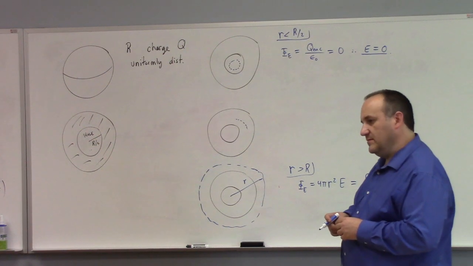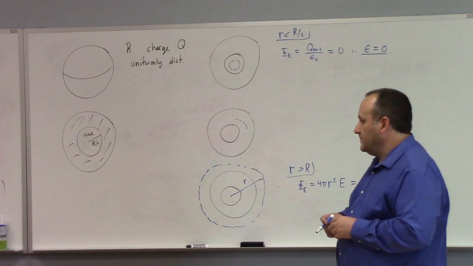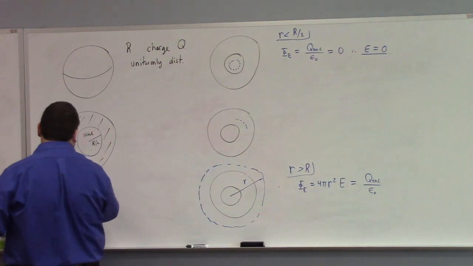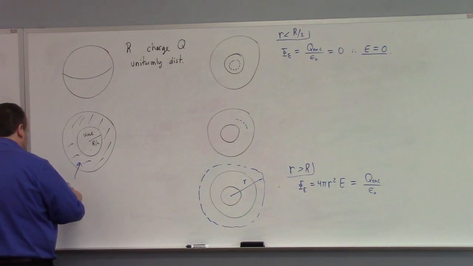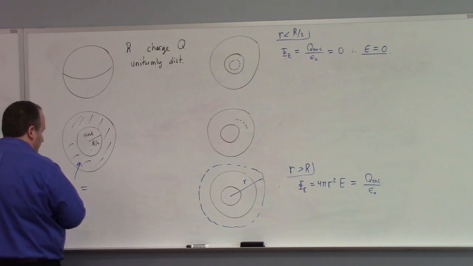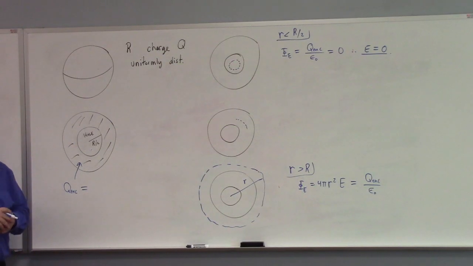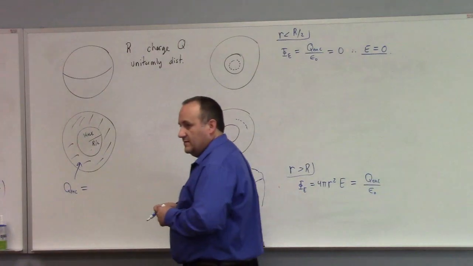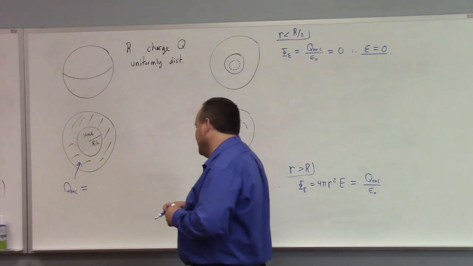Can you guys tell me? How would you figure it out? Ratio, yeah, ratio, right. So what ratio would you do? Ratio of the volumes, right. What's the volume of the holey sphere?